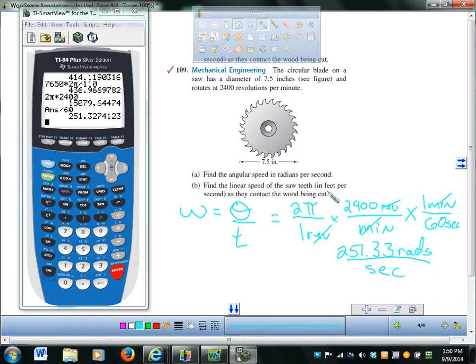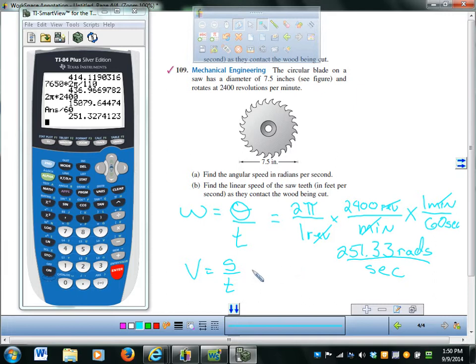Find the linear speed of the saw teeth. So again, if I know it's going 251, what do they want then? In feet per second. So I have radians per second. I know that V is equal to S over T, okay?